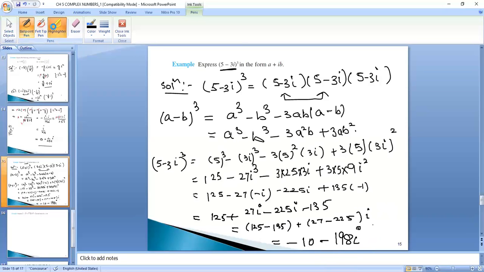So this is the answer required: −10 − 198i.